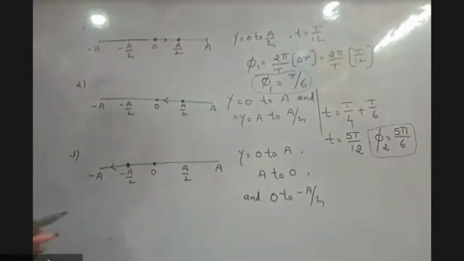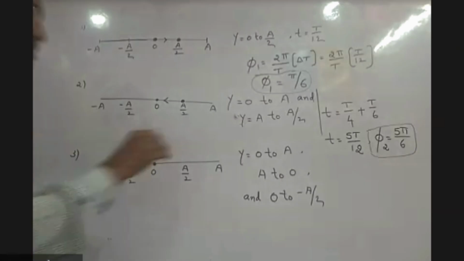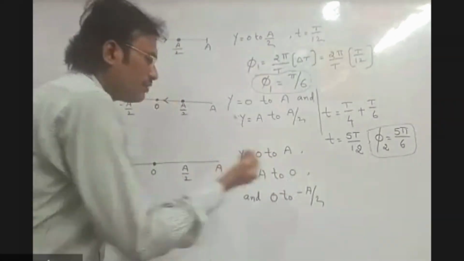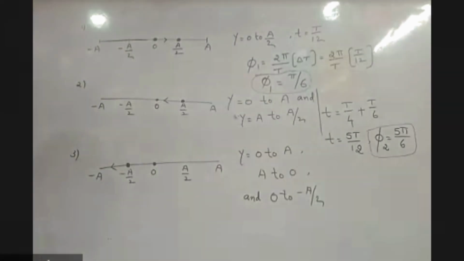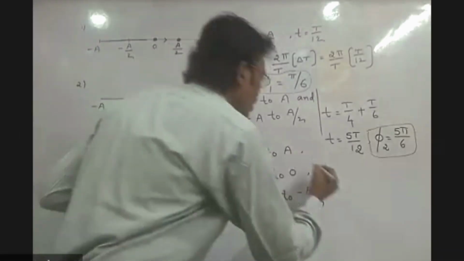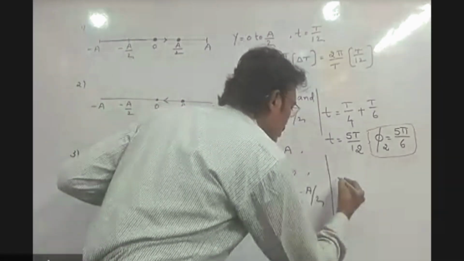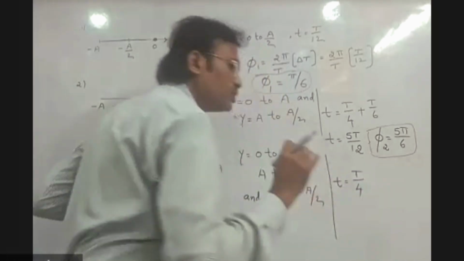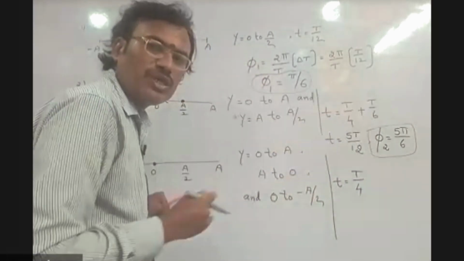Now come to this. Here we have three time intervals: 0 to A, again A to 0, and again from 0 to minus A by 2. Listen: 0 to A is T by 4, from mean position to one extreme position.